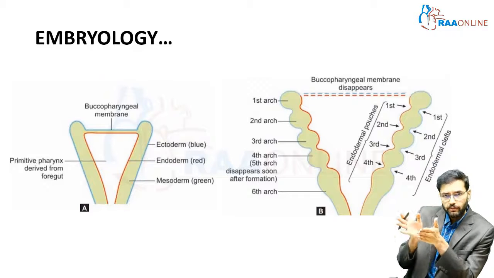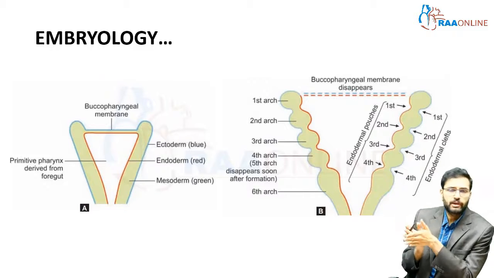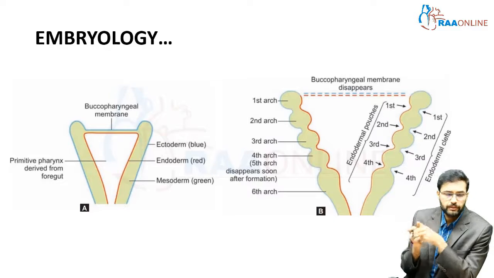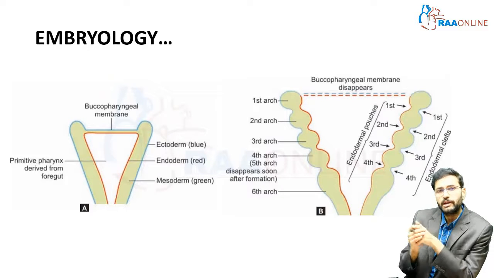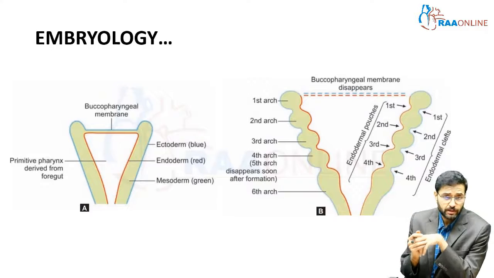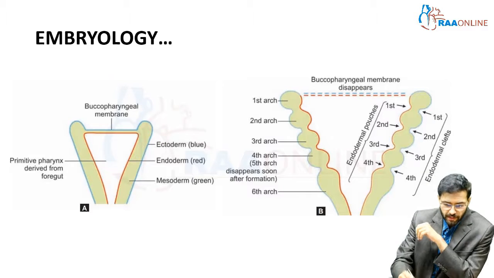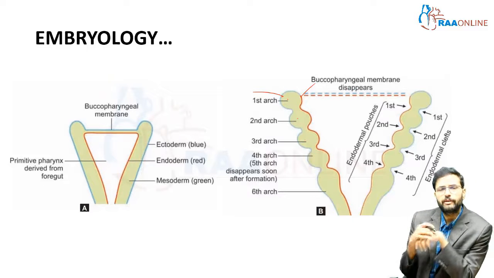This compressed pharynx, or upper end of the developing foregut, has three important layers: an outer ectodermal layer, an endodermal layer, and a middle mesodermal layer. This area is formed by the mesoderm, and here this is the endodermal layer and this is the ectodermal layer.